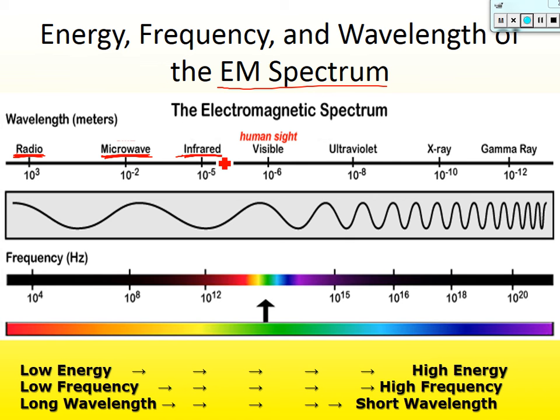Why infrared? Have you guys heard of infrared goggles? Okay, the military, they use infrared goggles and infrared light all of the time. How come? Because it gives them an advantage over the enemy. Most military operations are conducted when? At nighttime. For that reason, if you're wearing infrared goggles, you can see infrared light.